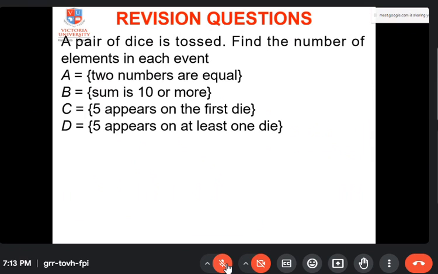Then set B. Set B, the sum of the two numbers is 10 or more.